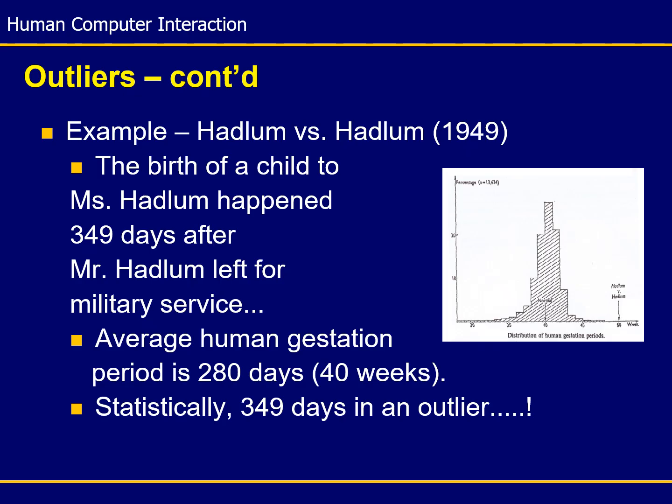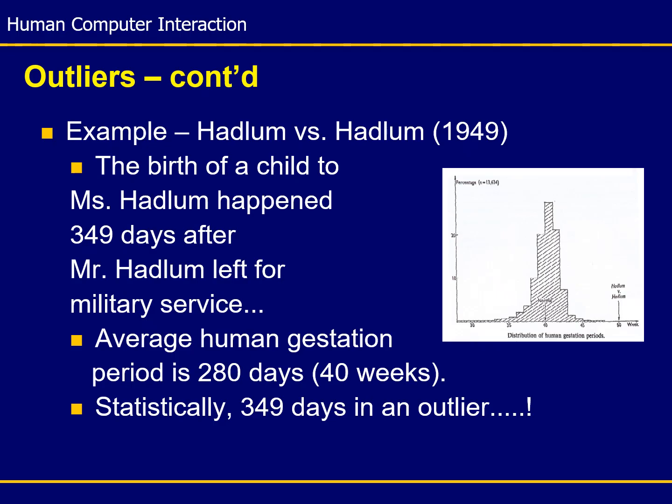You have this gentleman, Mr. Hadlam, who went to the war and came back to find his wife having a baby. Now, the problem is she had the baby, according to her story, Mrs. Hadlam, after 349 days of pregnancy.